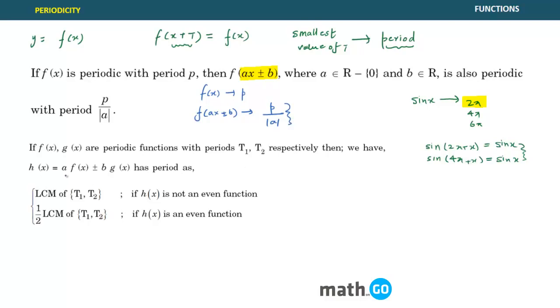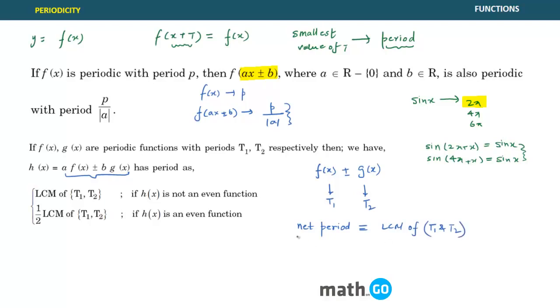Also, if you are given addition or subtraction of two functions, for example a function f being added or subtracted with a function g, and the period of f is T1 and the period of g is T2, then the net period of the total function will be the LCM of T1 and T2.